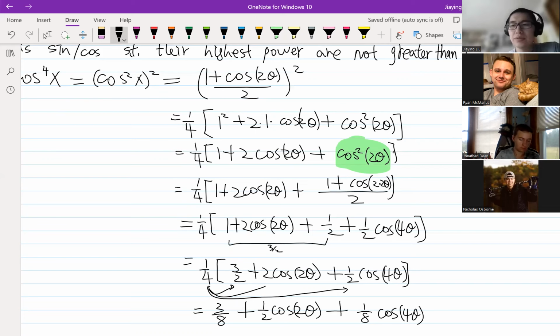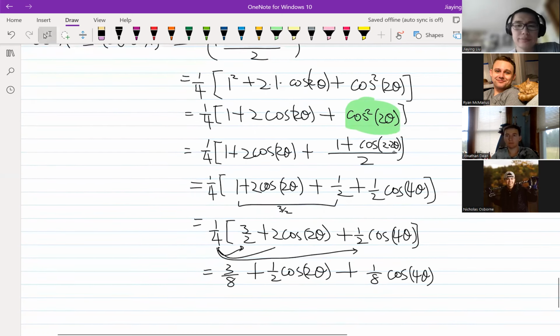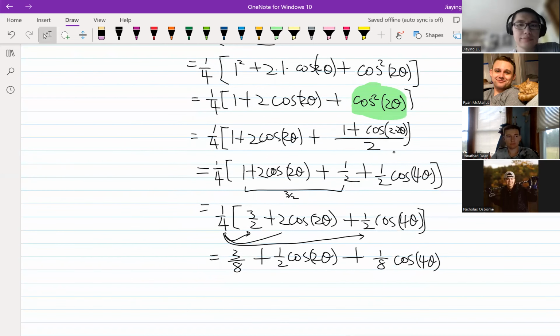Any questions on this? All right, so that's a reduction formula. And here we have another one.